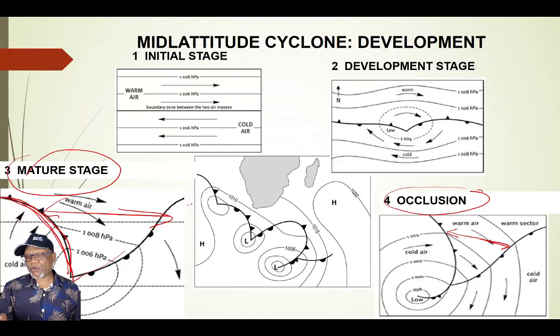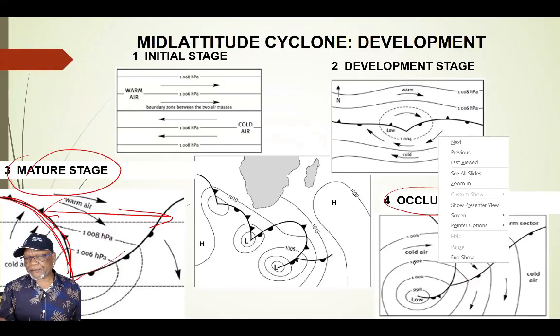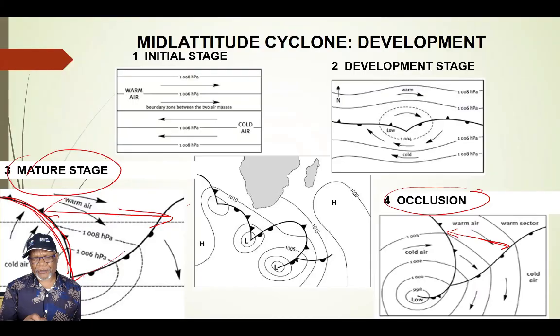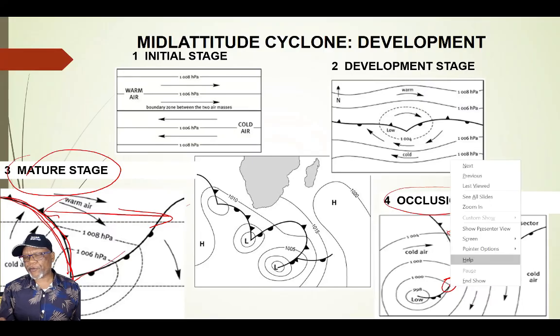Now, because of the steeper gradient, the cold front moves faster. And because it moves faster, it will catch up with the warm front. Like at this point here, you can see that this cold front has caught up with this warm front. You can see now the difference between the front at this point and the front at this point. So you can see the cold front has already caught up with the warm front.